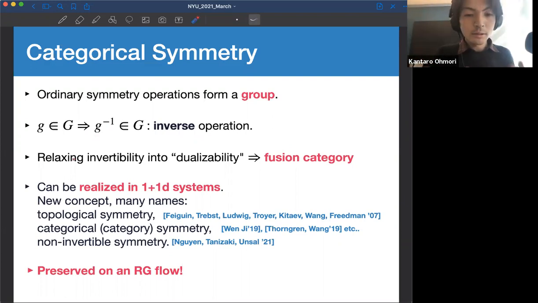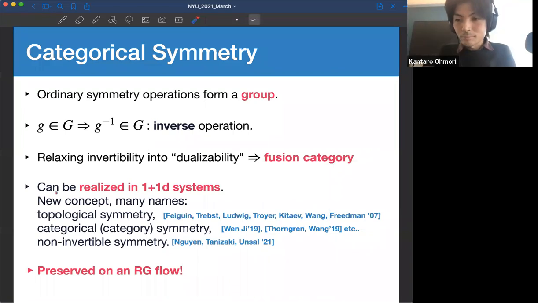So the categorical symmetry, roughly speaking, is a generalization not requiring this invertibility of the operation. It is replaced by something called dualizability. And mathematically, such a relaxation leads to something called a fusion category, hence the name categorical symmetry.